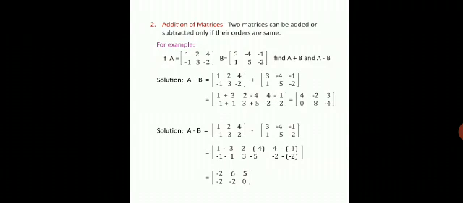Minus 1 minus 1 is equals to minus 2. 3 minus 5 is equals to minus 2. Minus 2 minus of minus 2 is plus 2, that becomes minus 2 plus 2 is equals to 0.